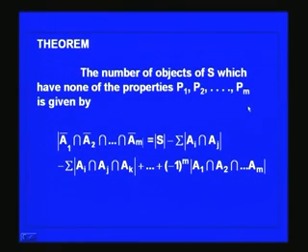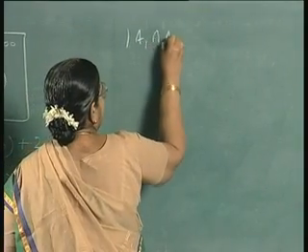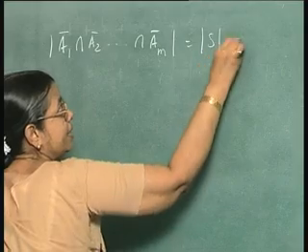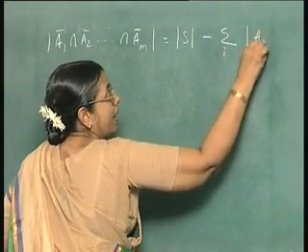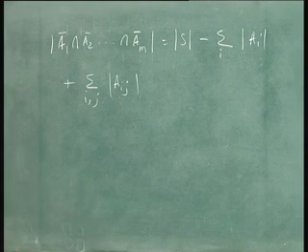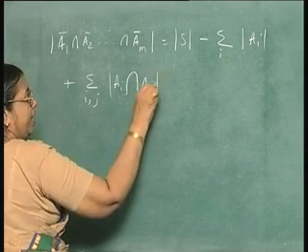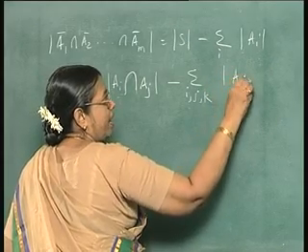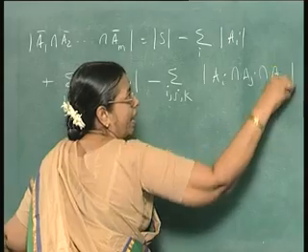The number of objects in S which have none of the properties P1, P2, ..., Pm is given by the number of elements in A1 bar intersection A2 bar and so on. That is equal to the number of elements in S minus sigma over i of Ai, plus sigma over i, j of Ai intersection Aj, minus sigma over i, j, k of Ai intersection Aj intersection Ak, and so on.